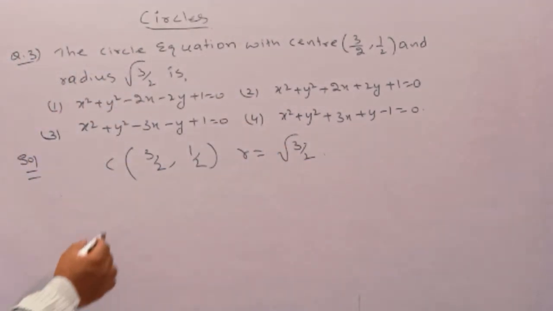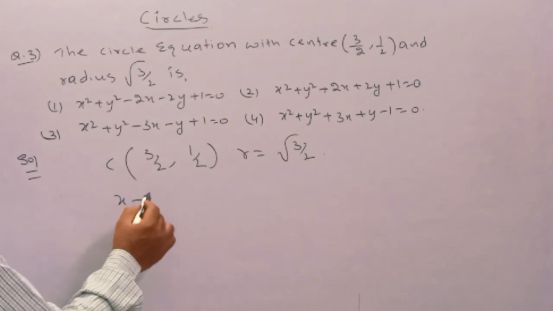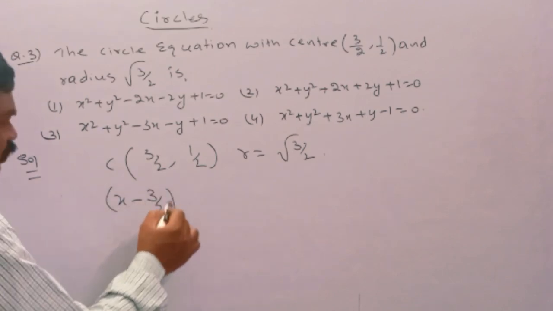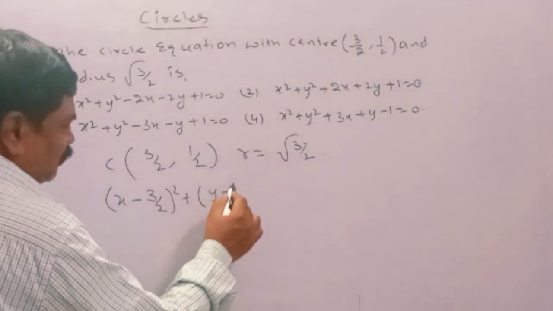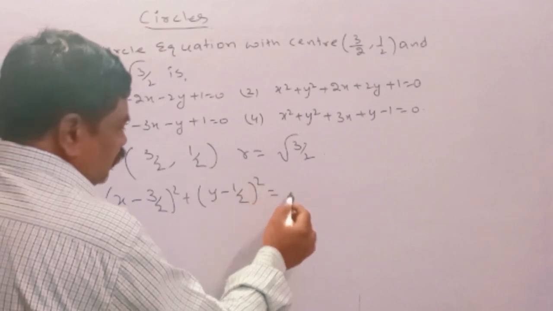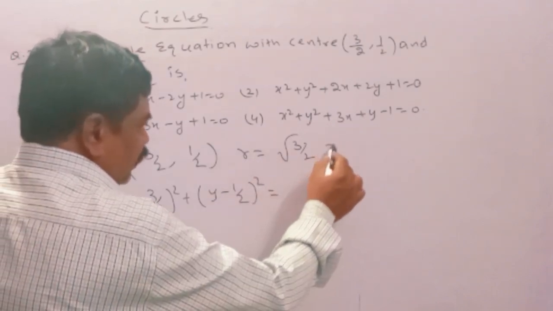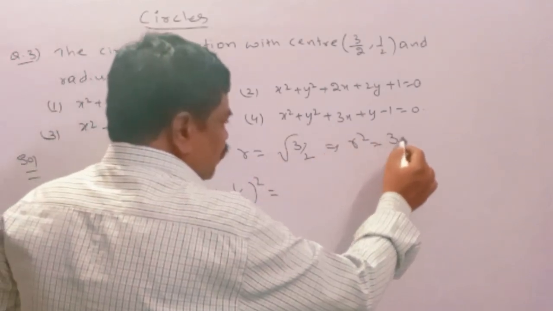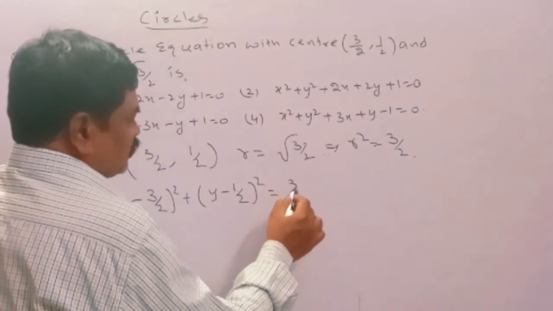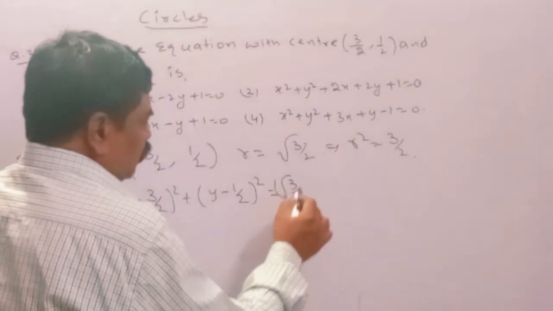Okay, what is the fundamental form of the circle equation? x minus 3 by 2 whole square plus y minus 1 by 2 whole square is equal to r square, which implies r square is equal to root 3 by 2 whole square.